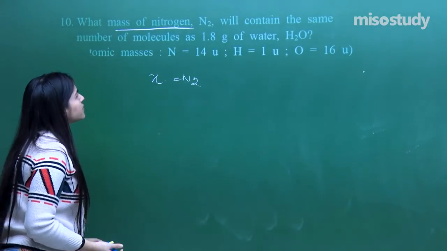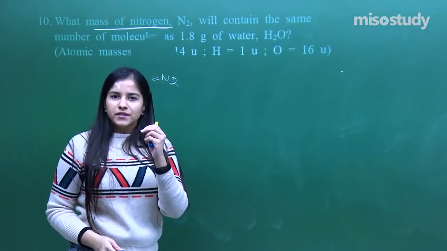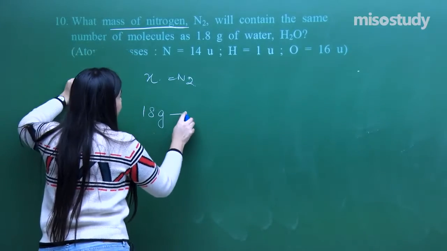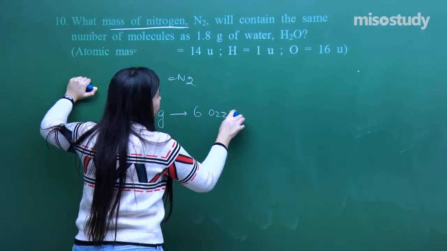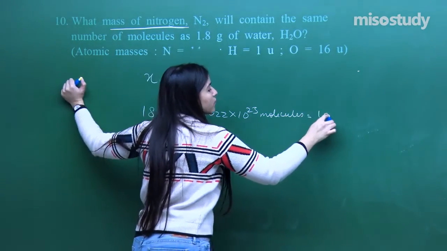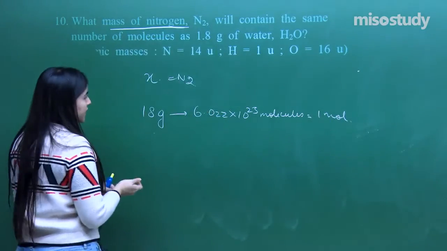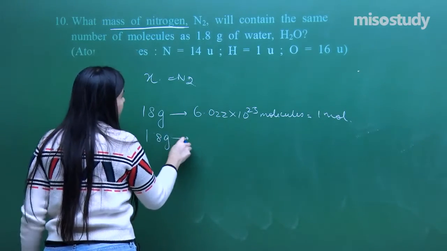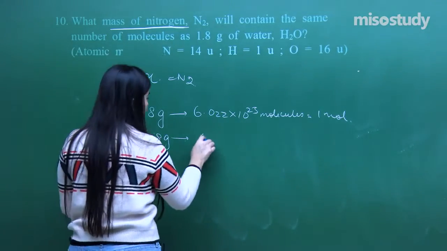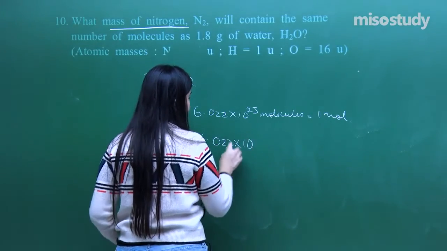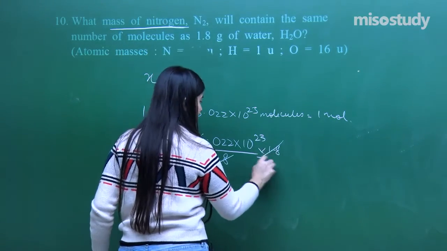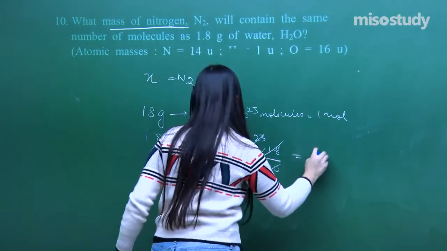So how many molecules will 1.8 grams of water have? 18 grams of water contains 6.022 into 10 to the power 23 molecules, corresponding to 1 mole. Now 1.8 grams will have how many molecules? I am just dividing by 10, so it comes out to be 6.022 into 10 to the power 23 by 18 into 1.8. That is 6.022 into 10 to the power 22 molecules.